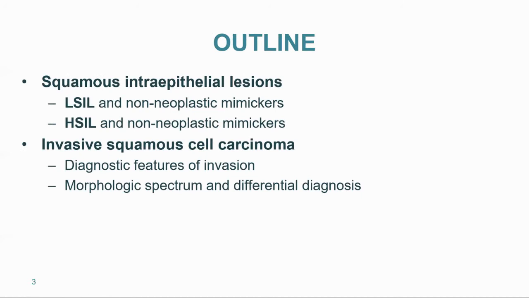We're going to cover the more frequent squamous intraepithelial lesions and their differential diagnosis, and touch on the diagnosis of stromal invasion in the setting of squamous cell neoplasia in the uterine cervix.